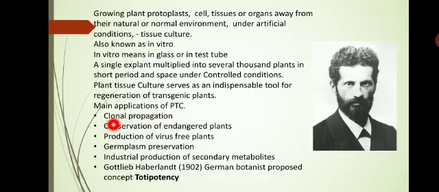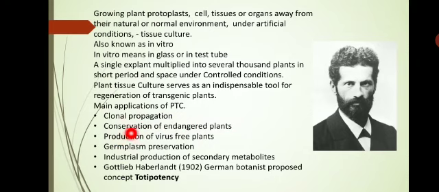Clonal is nothing but a copy, a duplicate copy of the plant parts. That is nothing but vegetative propagation. Some plants can be easily cloned. Cloning means a duplicate copy of the parent. That is called clonal propagation.